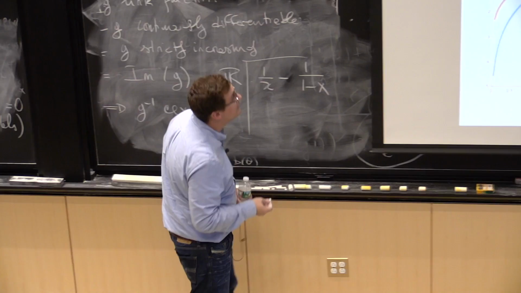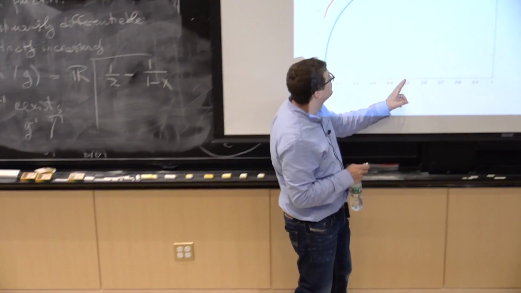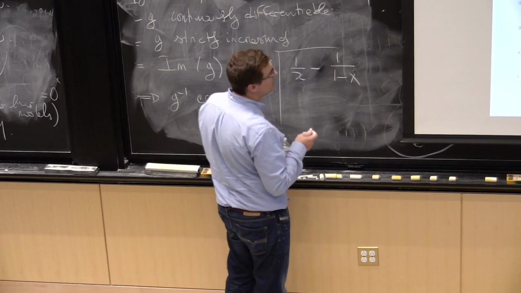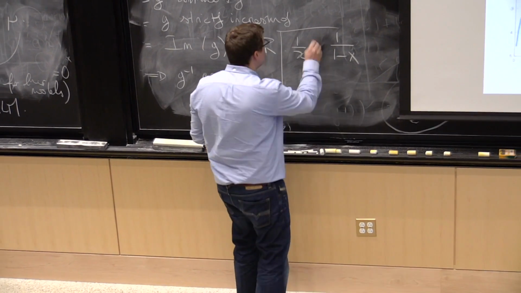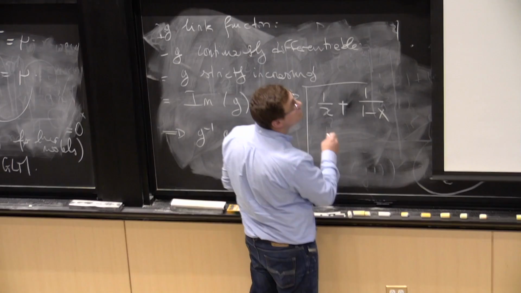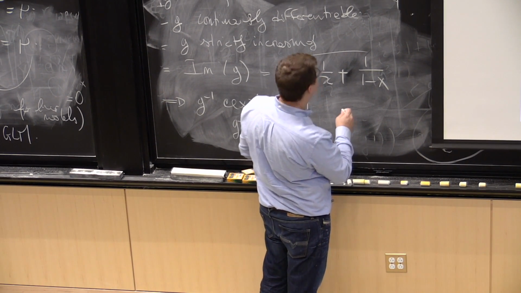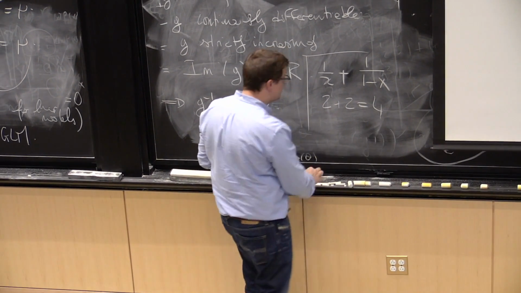This is the interval 0, 1, so I'm interested in the slope at 0.5. So at 0.5, what I get is 2 plus 2. That's the slope that we get.